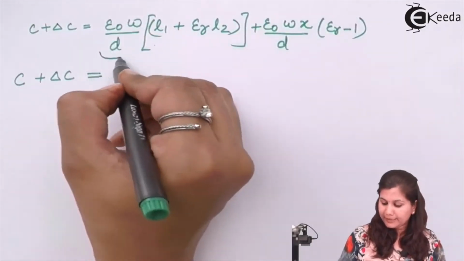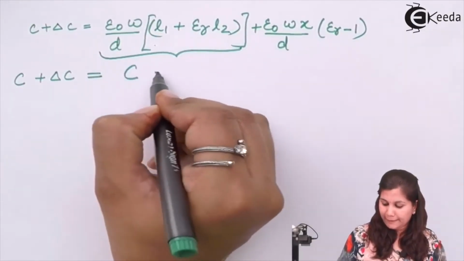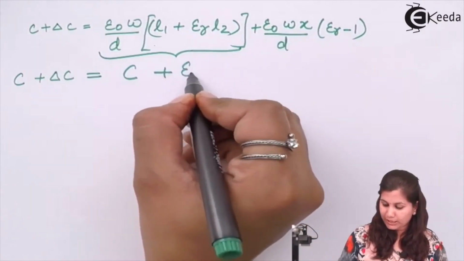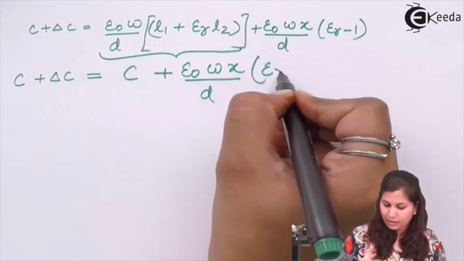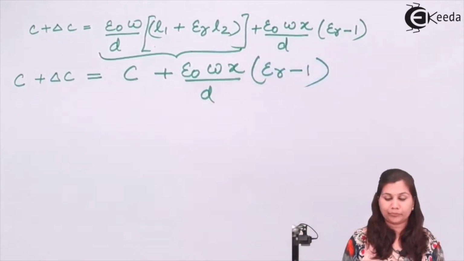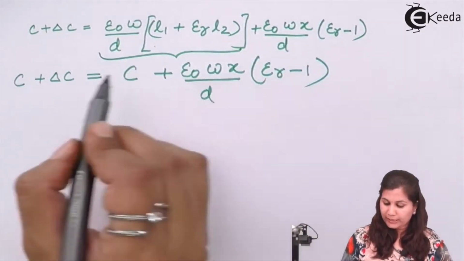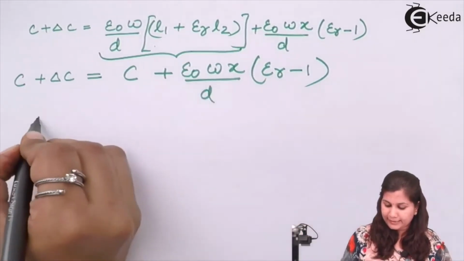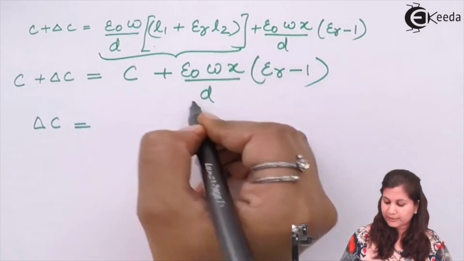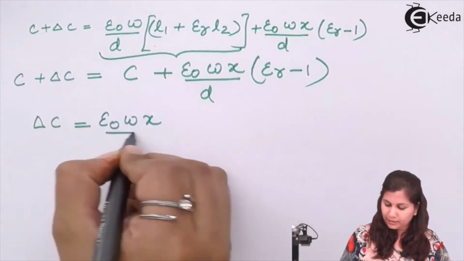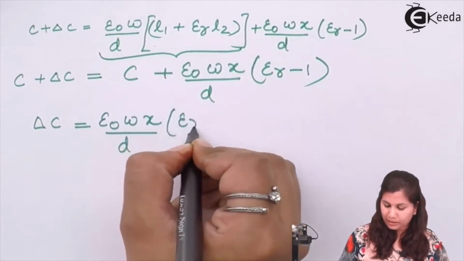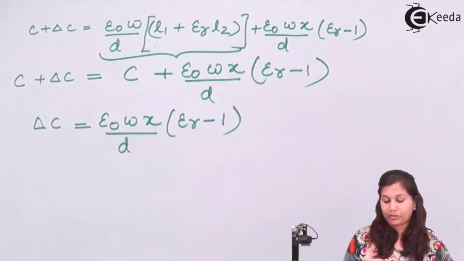So we can replace this whole term by C, plus we are having epsilon naught omega x upon d epsilon r minus 1. So the change in capacitance is del C equals to this term, that is epsilon naught omega x upon d epsilon r minus 1.